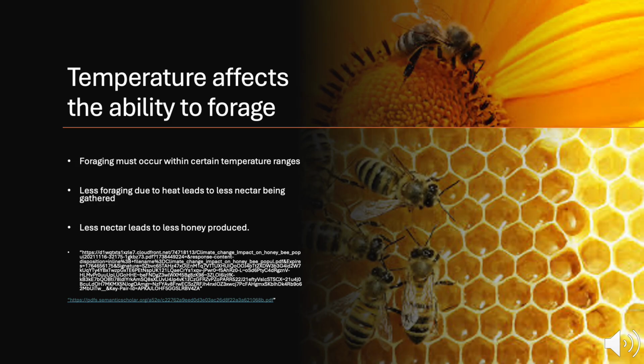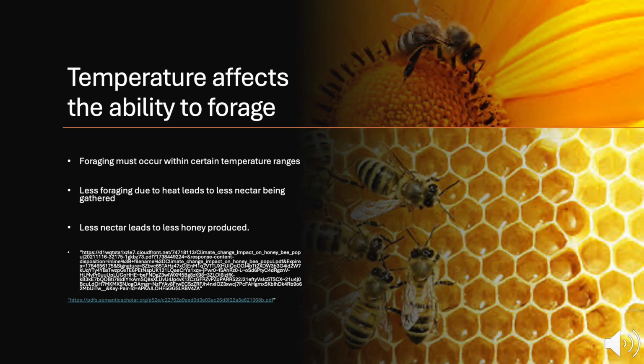These two studies here demonstrate the importance of temperature on foraging and how foraging behavior connects to overall honey production. See, foraging only occurs within specific temperature ranges. Bees forage best in moderate warmth, but extreme heat decreases that activity substantially.